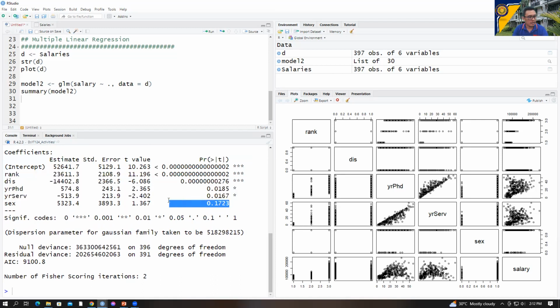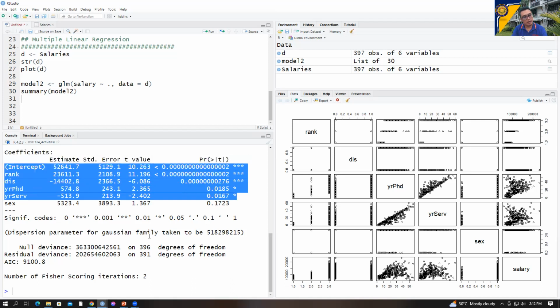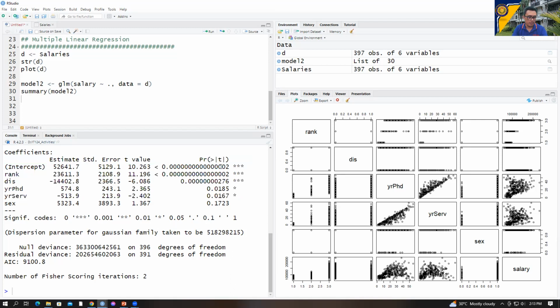Whereas sex does not. There's no significant relationship with our dependent variable. Why? Because its p-value is greater than 0.05, whereas the others are below 5%, or 0.05. Okay, so let's look into this now.